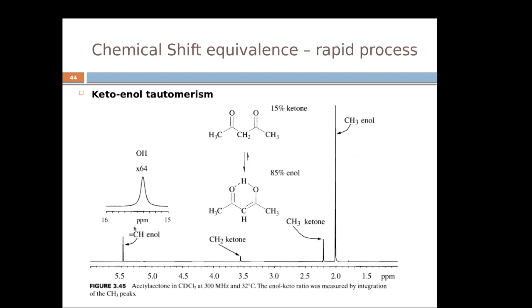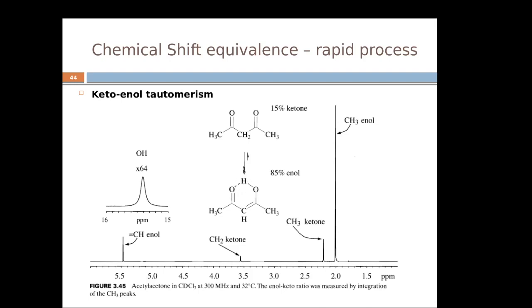Okay, but here you have an OH group which can form a hydrogen bond with another oxygen here. So this OH does not belong 100% to this oxygen, but it could belong to this oxygen to some extent as well due to hydrogen bonding. So this OH could shift between this oxygen and this oxygen.